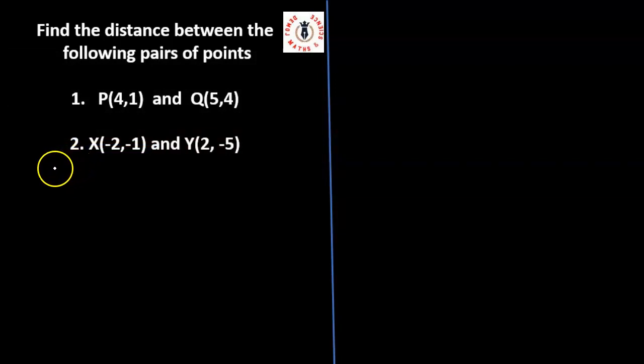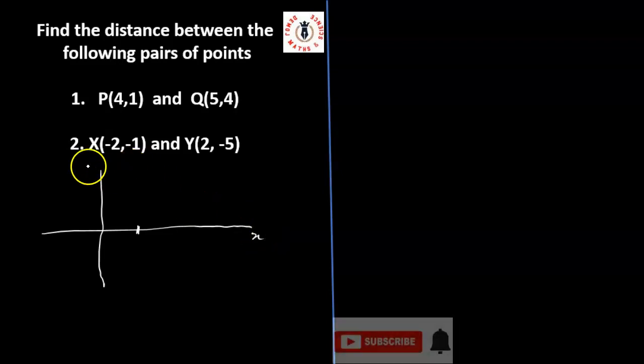Now for question 1. If I have 2 points, point P and point Q, let's draw the Cartesian coordinate once again. This is the x-axis, and here is the y-axis. I have my first point at 4 on the x-axis, and for the second point Q, I have 5 on the x-axis.